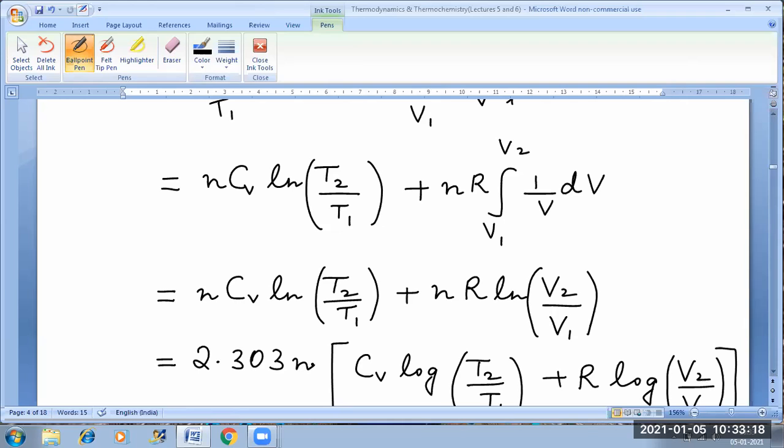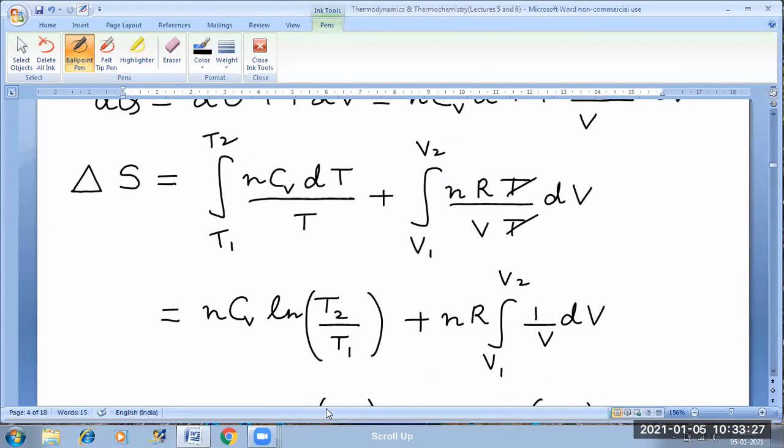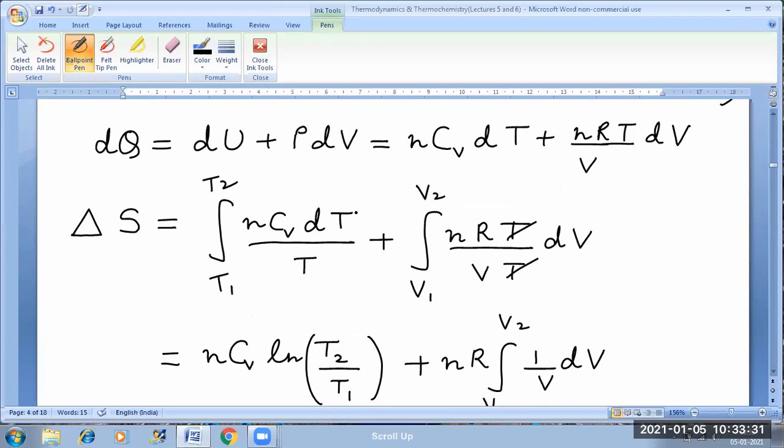Because remember when we were doing the derivation for delta S of a reversible isothermal process, I told you that this dT term becomes 0. Why does it become 0? Because in an isothermal process the temperature is constant, so dT will become 0 and this entire term will vanish.